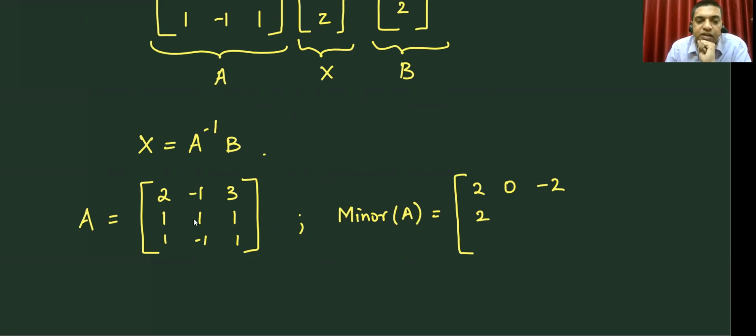Then this middle element, remove the second row, second column. Then you have 2 into 1, 2, minus 1 into 3. So 2 minus 3 is minus 1. Then this one, second row, third column, minus 2 plus 1, minus 1. Next, the last row.